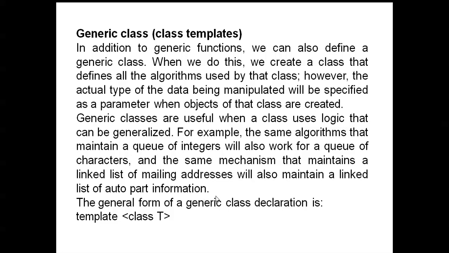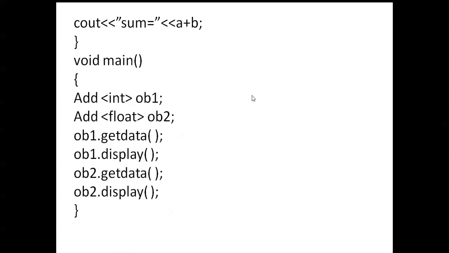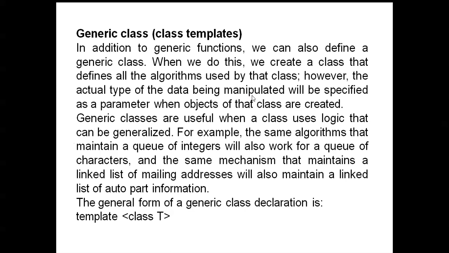Here you can see generic classes are useful when a class uses logic that can be generalized. In addition to generic functions, we can also define generic classes. When we do this, we create a class that defines all algorithms used by that class. However, the actual type of the data being manipulated will be specified as parameters when objects of that class are created.